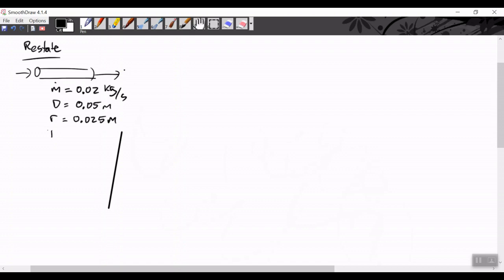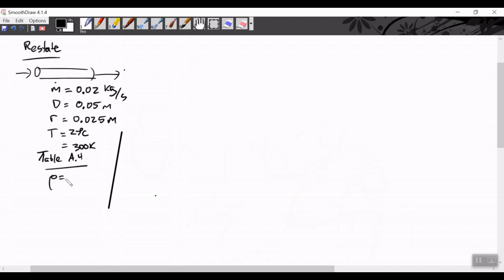Okay, and we know that the fluid, which I believe is water, is at 27 degrees Celsius, which comes out to 300 Kelvin. Since it's water and we know the temperature, we're going to look up a few properties in table A.4.